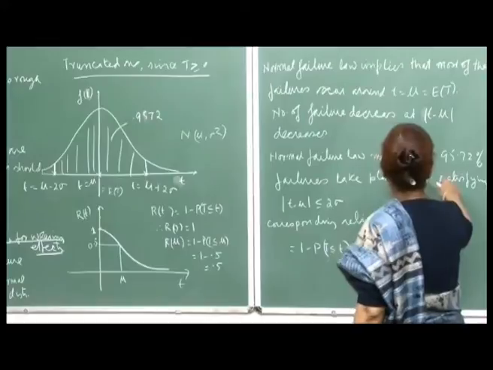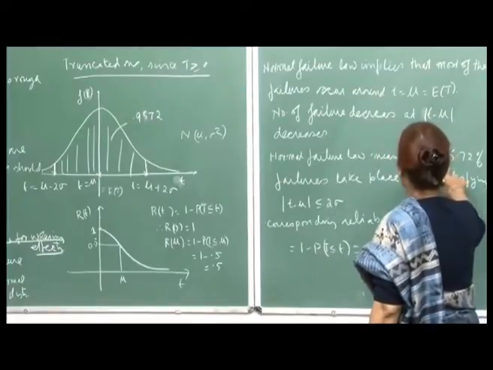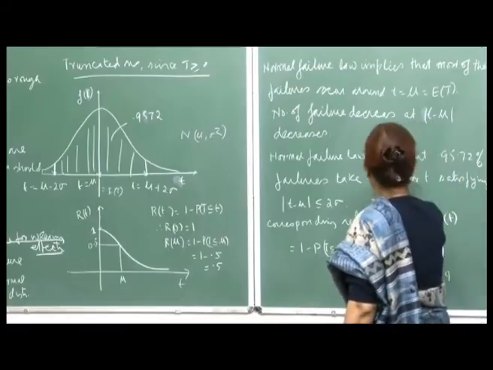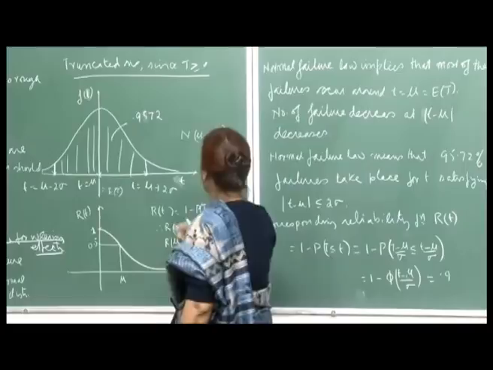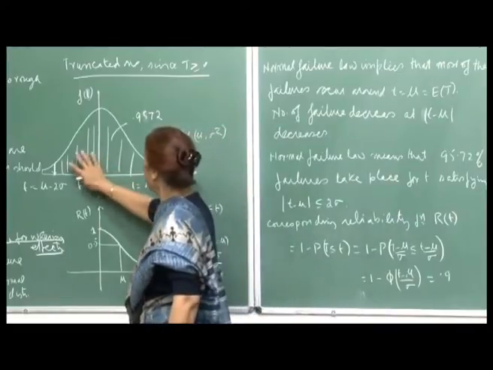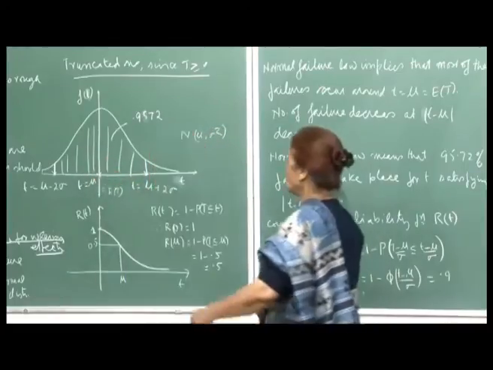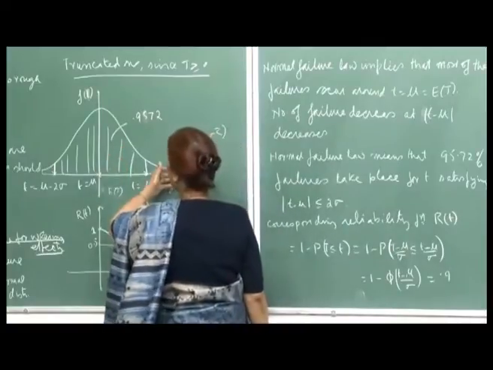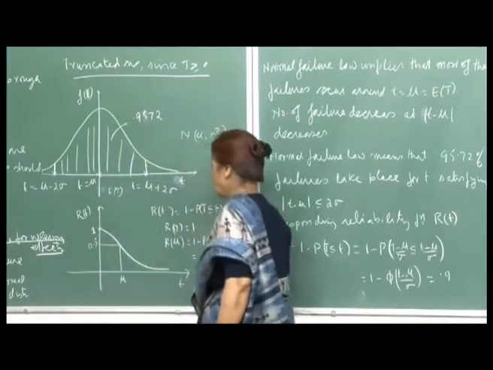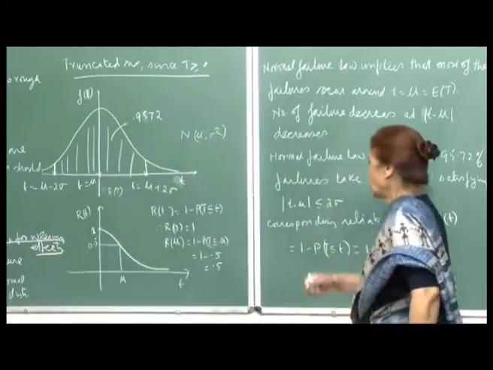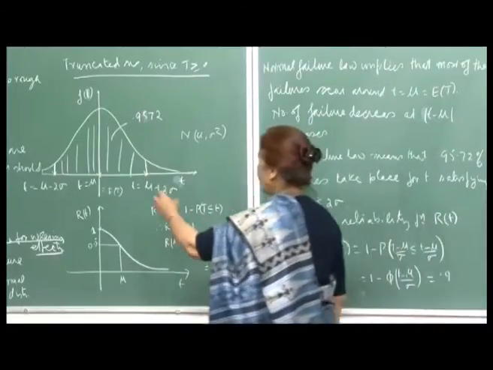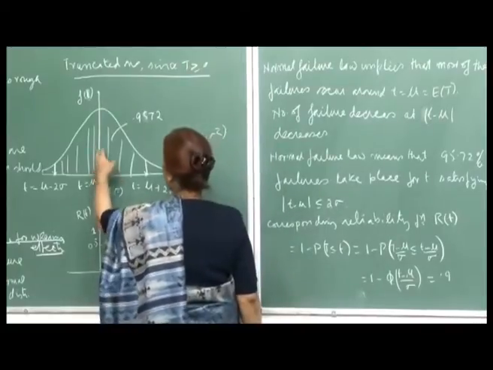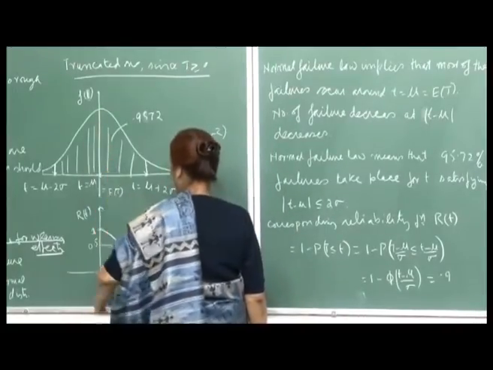For example, the normal failure law means that 95.72% of failures take place for t satisfying mod t minus mu less than mu, only in the portion from 0 to infinity. So, whatever the mean, the expected value, the maximum failures will occur around this time.